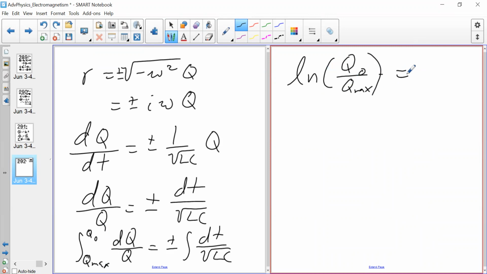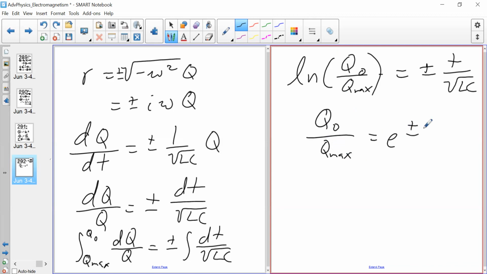All right, so then that becomes plus minus t over square root of LC. Then divide both sides by natural log, we're going to get q naught over q max, or just q. It's going to be e to the plus minus t over square root of L over C. And Q, as a function of time, is equal to Q max, and this expression here is just a math identity, if you will.